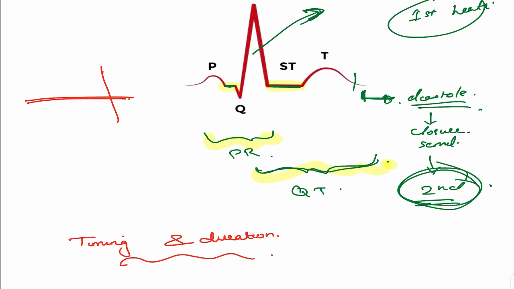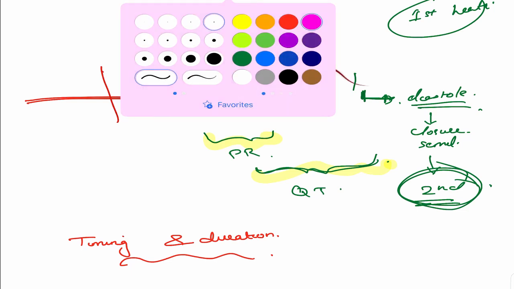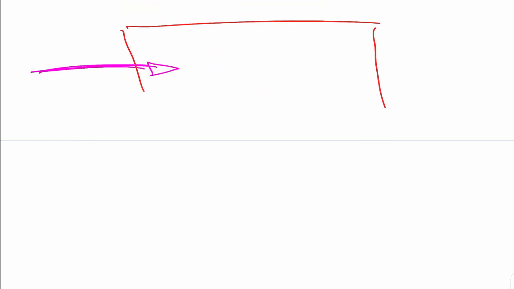For example, we have a needle here, and we have a paper here, and this paper moves in a particular direction, and this needle deflects. When the paper moves and the needle deflects, those deflections are recorded on the ECG paper.